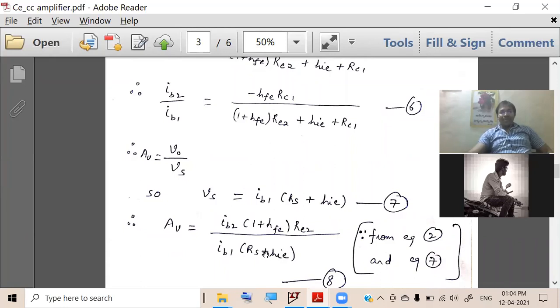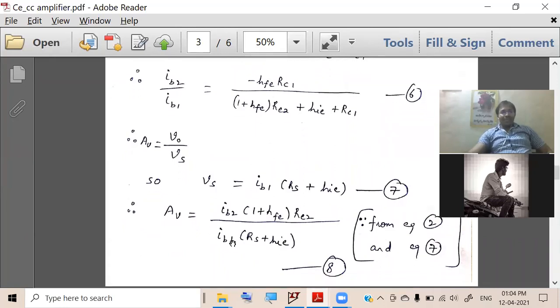Now here this IB1 by IB2 we have already found out, equation 6. Now we just need to replace this IB2 by IB1 with this expression. That will give us the AV.